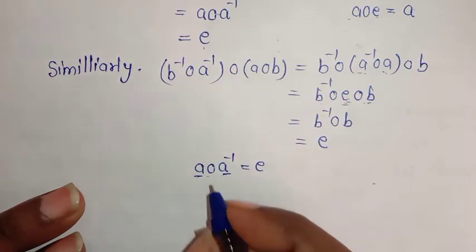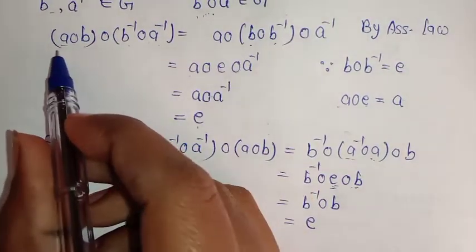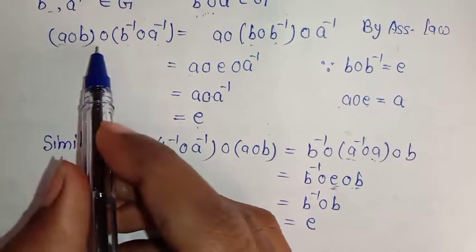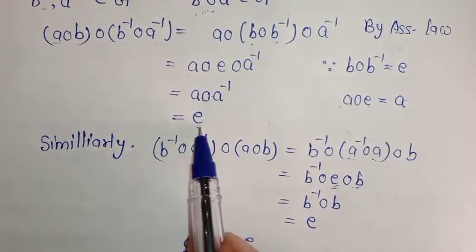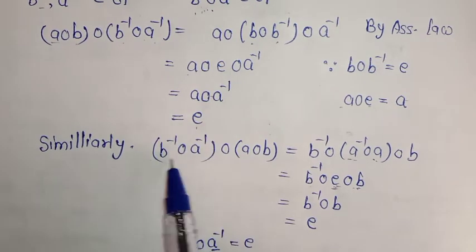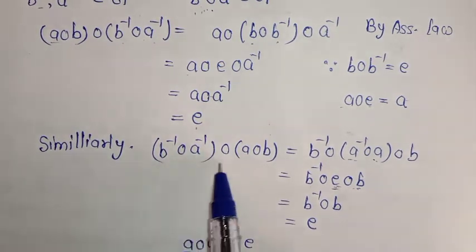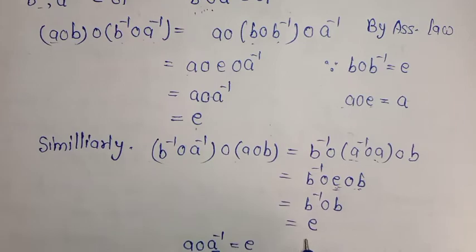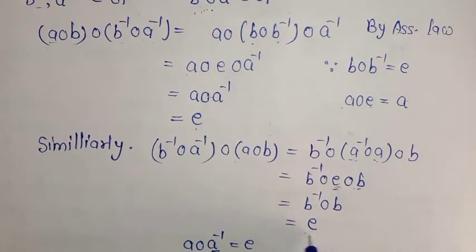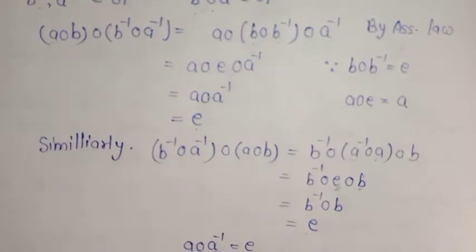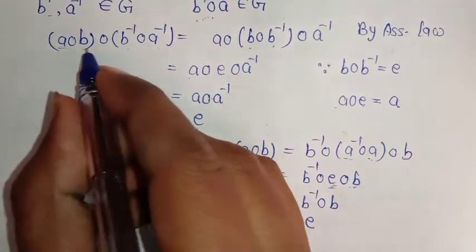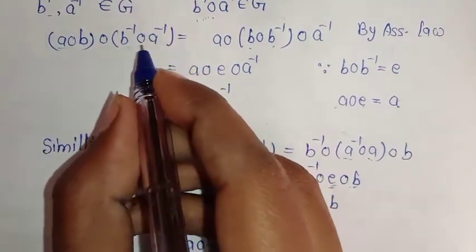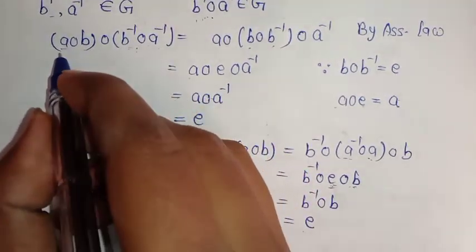Here we are taking two elements, and after taking the operation over these two elements, we are getting the identity. If I apply the commutative law over those elements, I again get the identity. So what does it mean? It means that this first element or this second element is the inverse of this element.